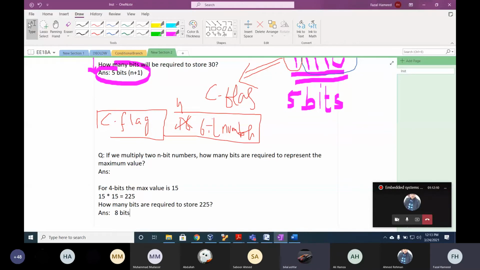The range will be from 0 to 255, and 225 lies within the range of 0 to 255, so it means 8 bits.